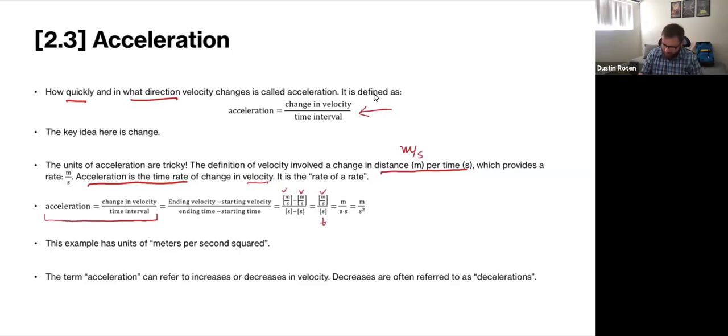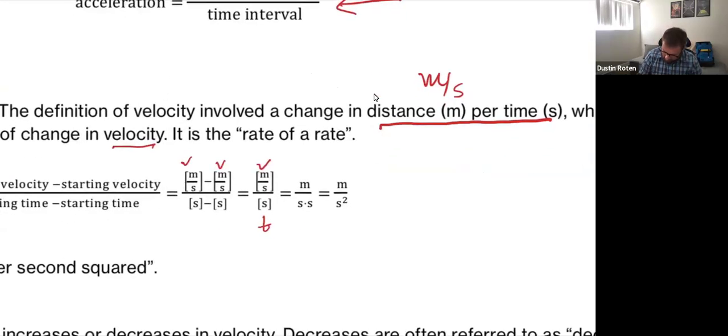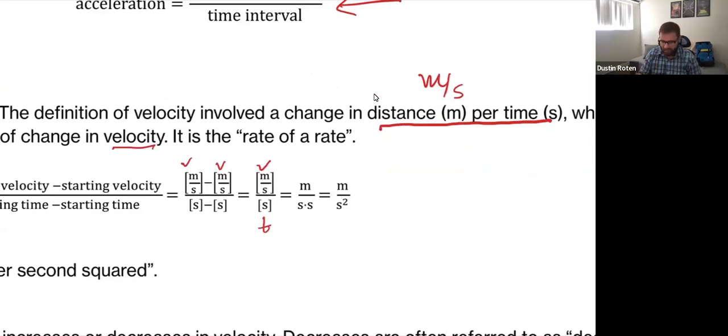Now what's really strange is we have this seconds in the denominator and this second in the denominator. So if y'all remember from way back in high school algebra, maybe even middle school, do you remember how to divide two fractions? Because we could rewrite this as meters per second over seconds over 1.